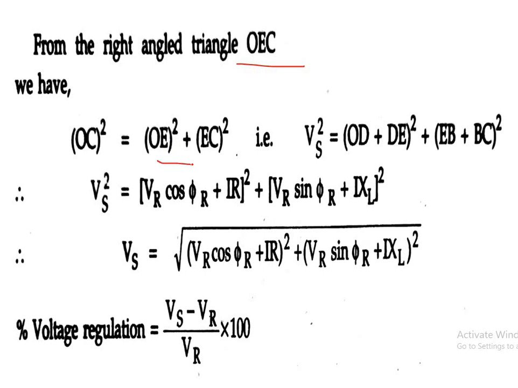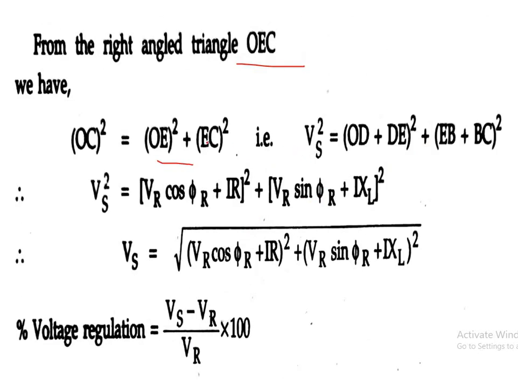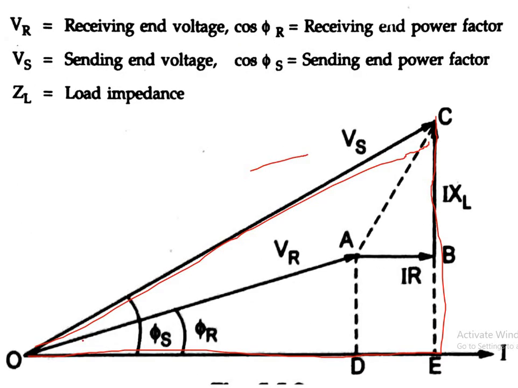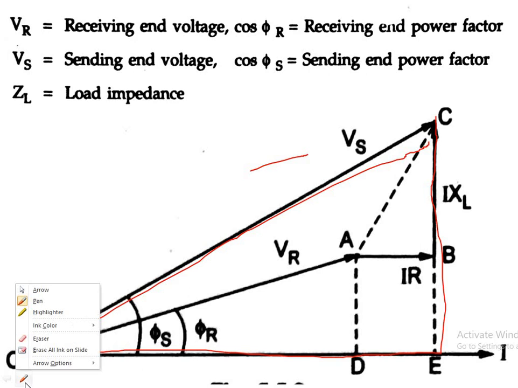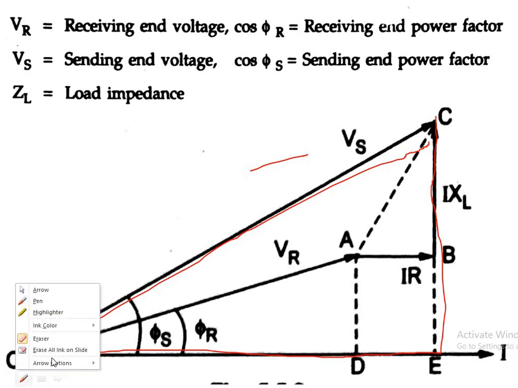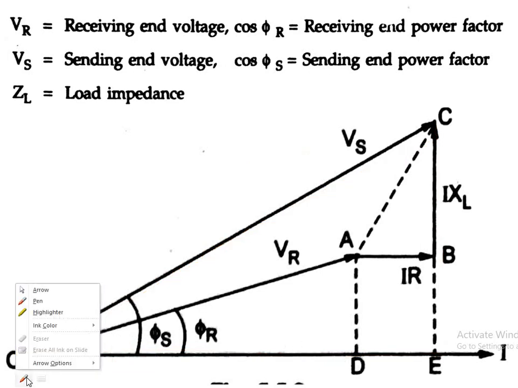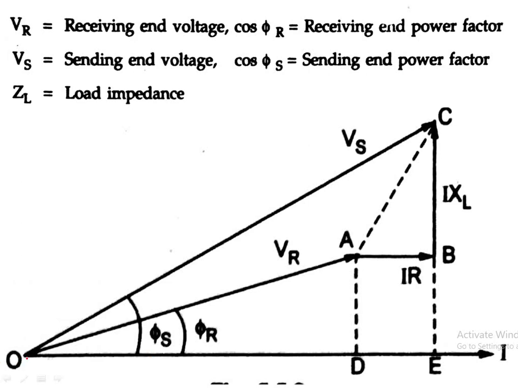So here OC represents what? Here OC is nothing but Vs, and OE is nothing but, just see here, this OE. This OE is given by OD plus DE, which is nothing but OE.